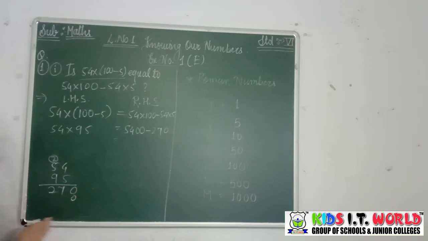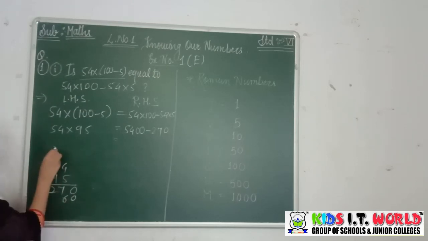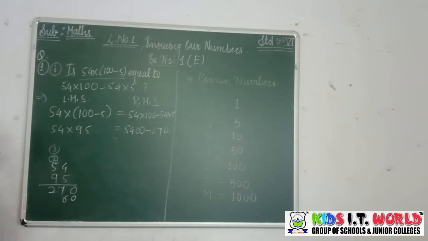Now the next step in the multiplication, here you have to write 0 on the ones place. Now the next step, you have to multiply 54 by 9. So 9 4s are 36. From 36 we will write 6 here and 3 will be carried. 9 5s are 45. 45 plus 3, 48.